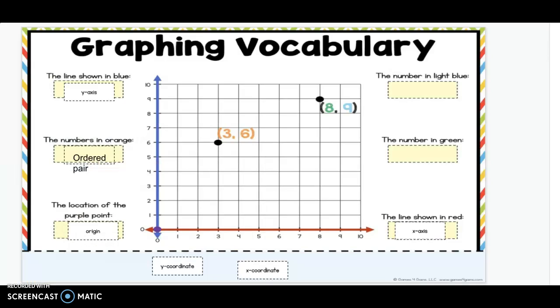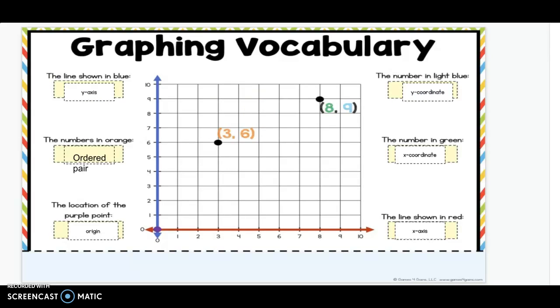The thing that you need to note about this is that the first number in green, that's always the x number, and it shows me how much over I go on my x-axis. That is my x-coordinate. First is x, second is y.